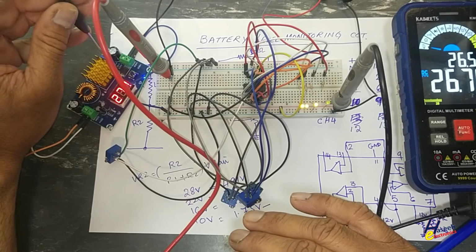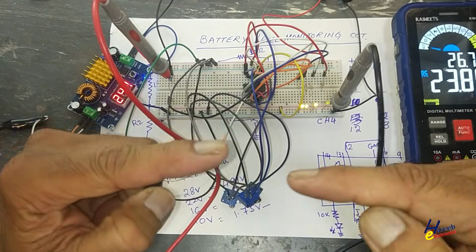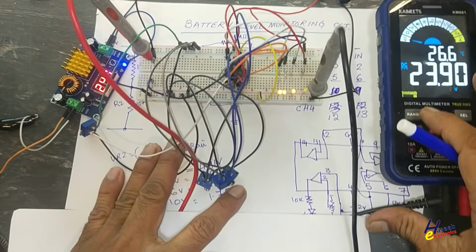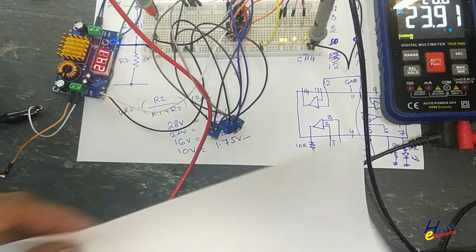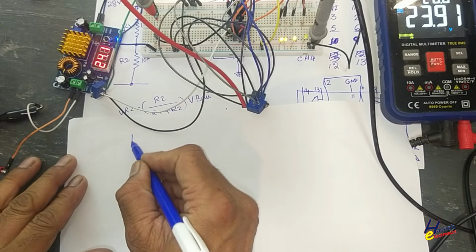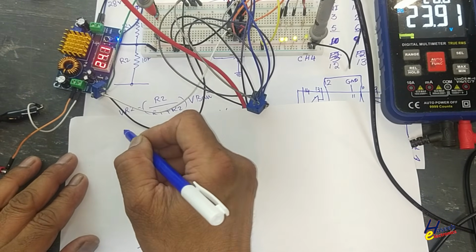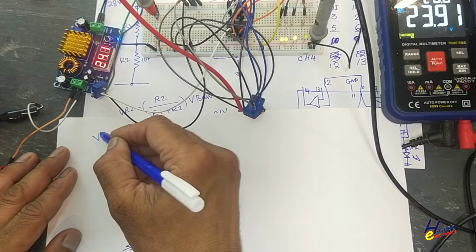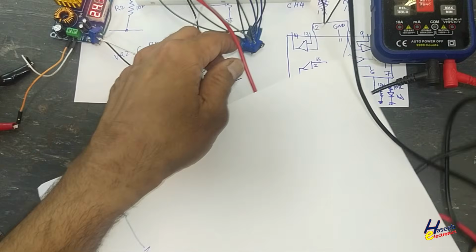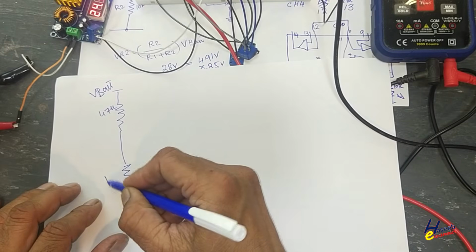As final words: a comparator is a circuit, a function, which compares a reference value with a variable signal. We created a variable signal. This is V battery. 47 kilo ohm, 10 kilo ohm.